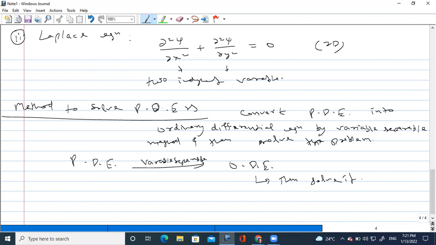Okay, so here before variable separable, we have to do some extra method. This is the step you have to follow.